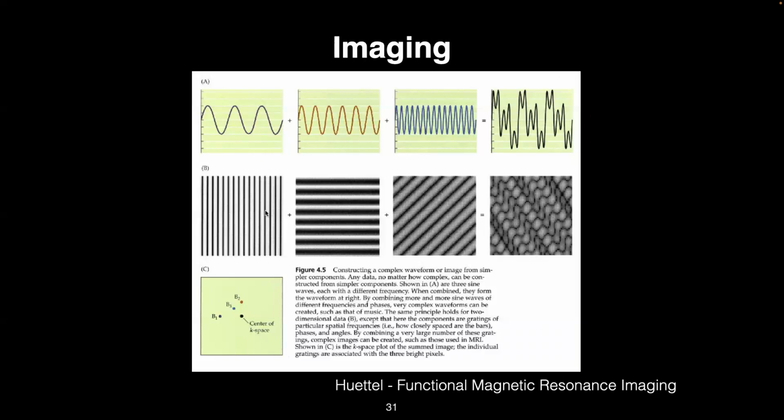So for example, this pattern of variation here is encoded by this B1 position in K space. If you had some energy just at that point alone, that's what you would get in the image.